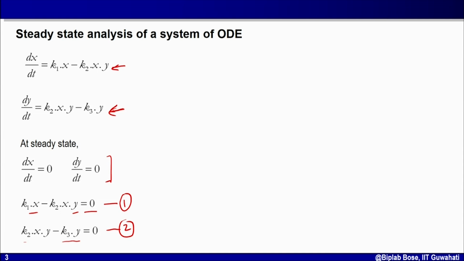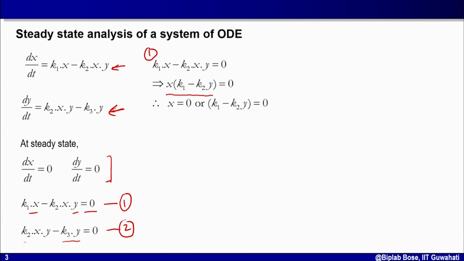Let us see how to do that. Let us take the first equation, equation 1: k1 x minus k2 xy equal to 0. I can take x common, so I get x into (k1 minus k2 y) equal to 0. That means either x equal to 0 or k1 minus k2 y equal to 0.